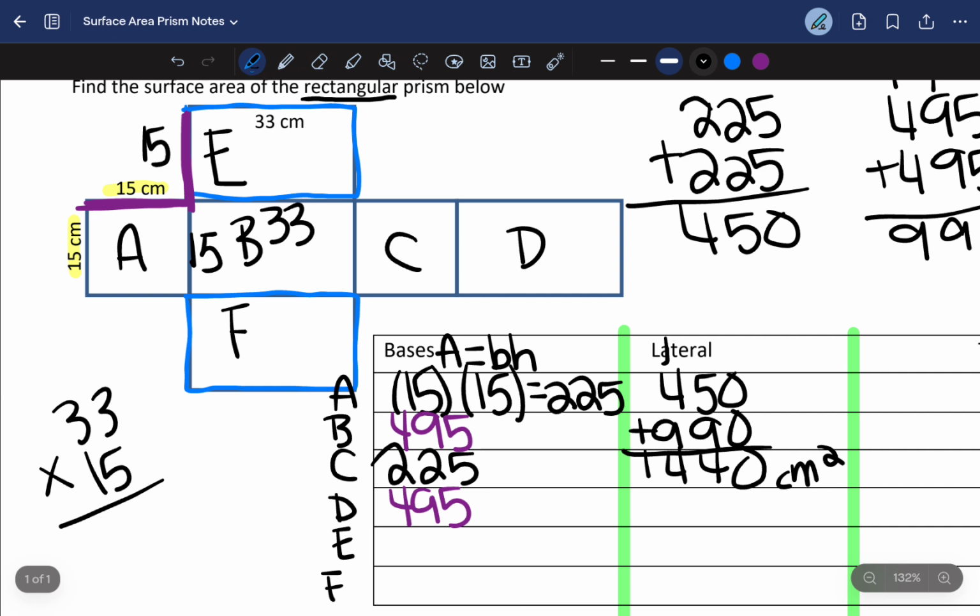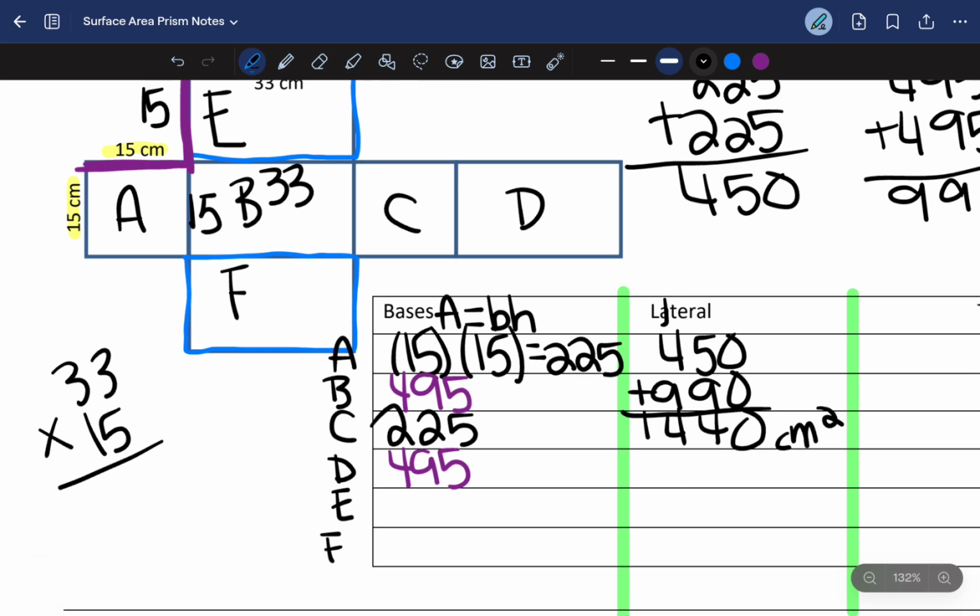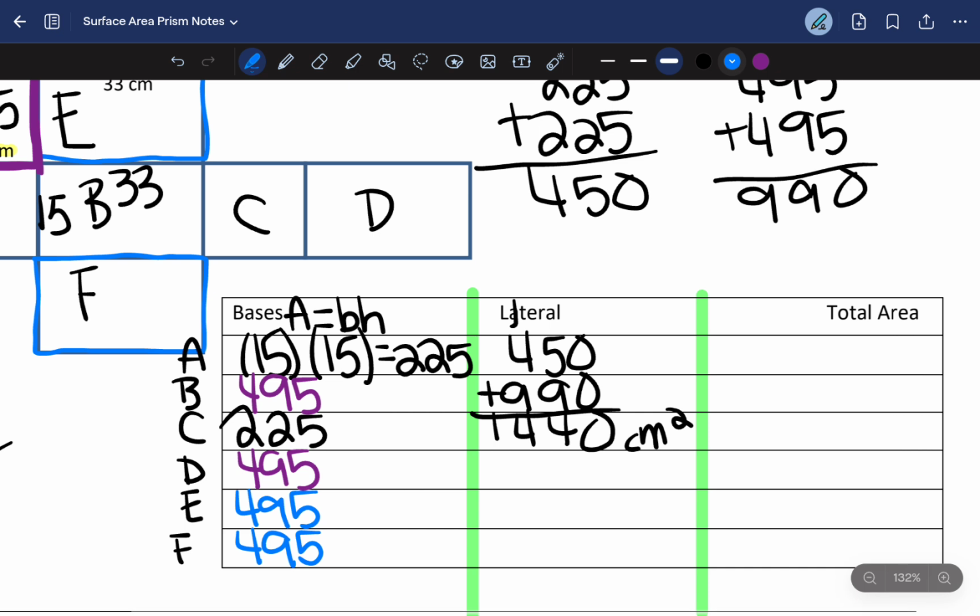Okay? So we've already done 33 times 15. We did that earlier when we found B and D. So I'm just going to use those numbers again. So base times height. But in this case, it's going to be 495 for both the bases. So again, we would add those up, and the area of the two bases is 990. Now, to find total surface area, like I said, you have to do lateral surface area, which we did right here, which is the 1,440 centimeters squared.